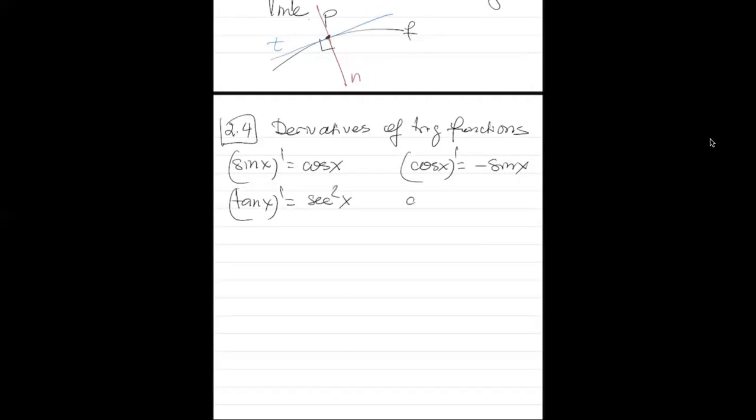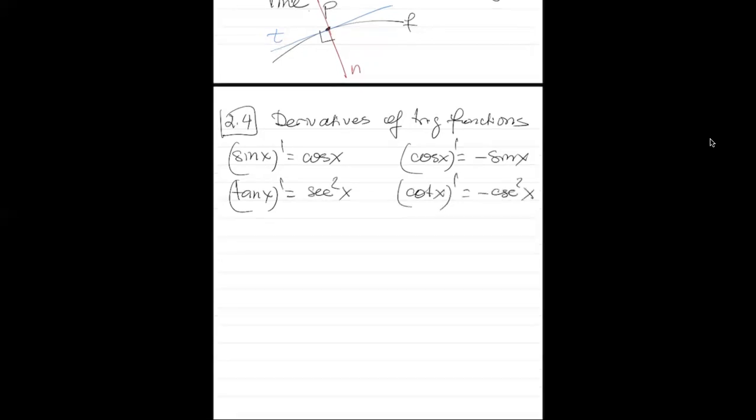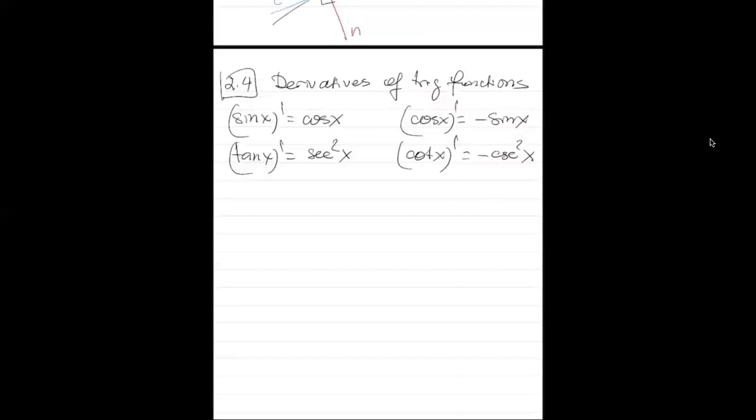Derivative of the cotangent, negative cosecant squared. And we had more, you can look those up for the secant and the cosecant. Here's a trig identity. They're very important. Sine squared plus cosine squared is 1, but also 1 plus tangent squared, or tangent squared plus 1, is secant squared. So we use that a lot.